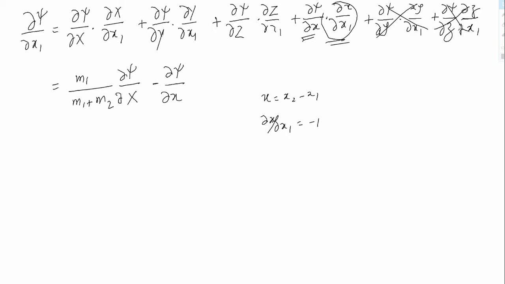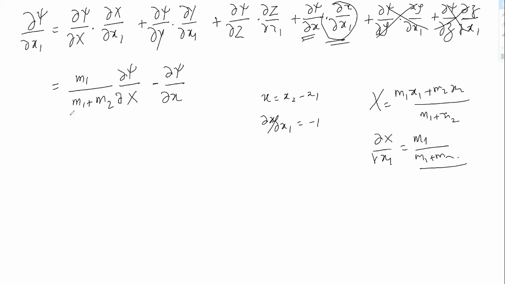And my X was m1 x1 plus m2 x2 upon m1 plus m2. Therefore, delta X by delta x1 will simply give me m1 upon m1 plus m2.